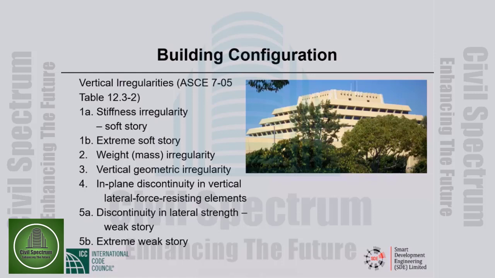This is now in-plane as opposed to out-of-plane discontinuity in vertical lateral force resisting elements, and discontinuity in lateral strength, also called weak story. Okay. Now, along the way, the soft story irregularity was split into 2 parts: soft story and extreme soft story. And similarly, weak story irregularity also was split into weak story and extreme weak story.